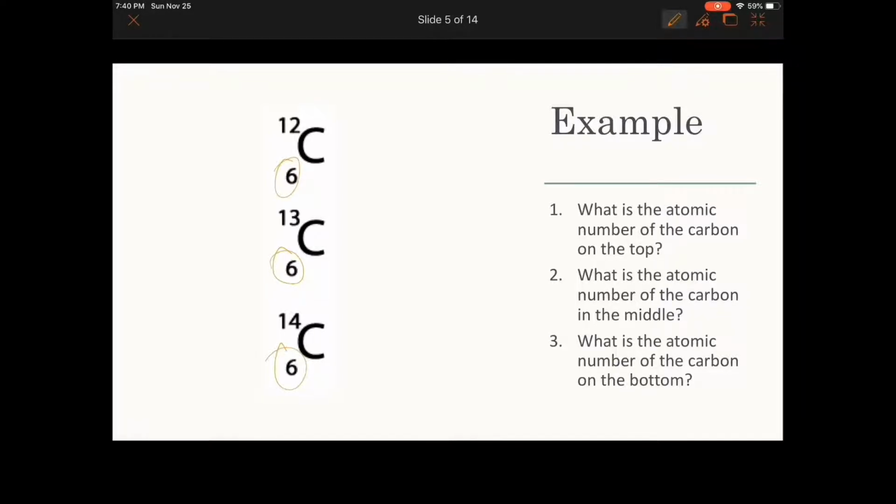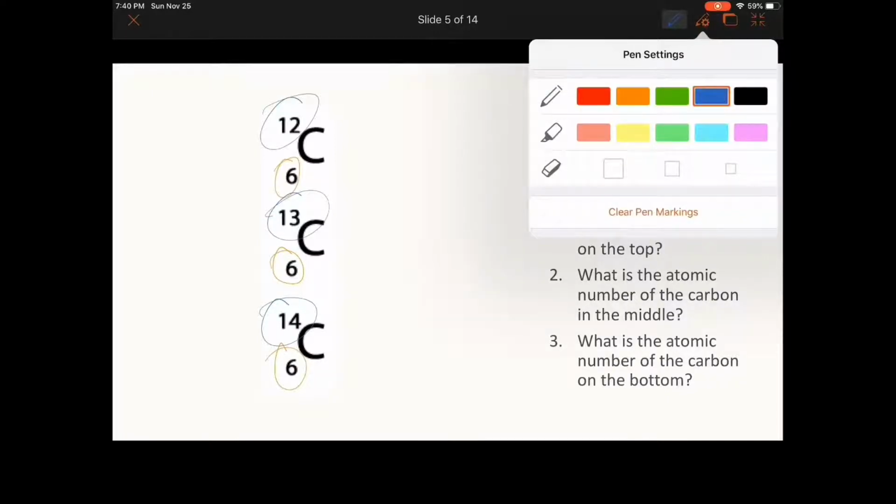So it's a change in this mass. As you notice, this mass is increasing, it's a change in the mass, but it doesn't change the atomic number. The atomic number never changes. It always stays the same. The only things in an atom that can change are the electrons and the neutrons.